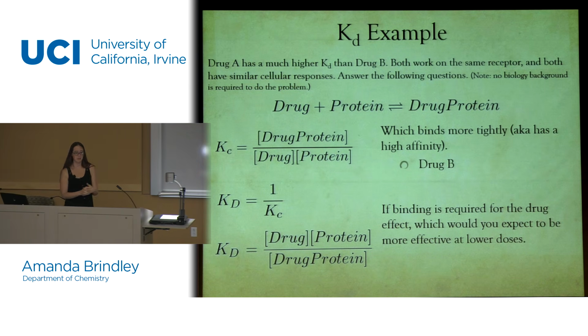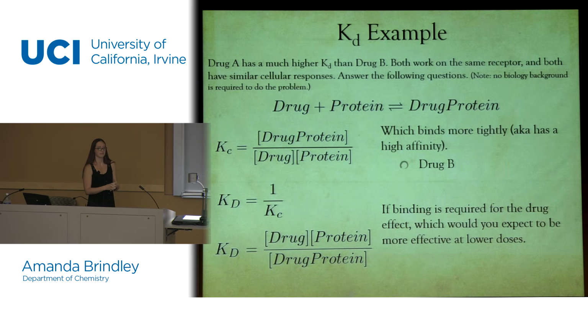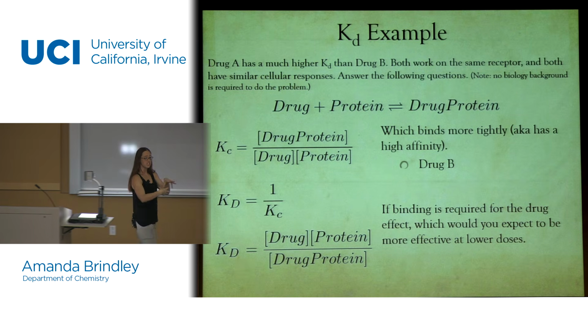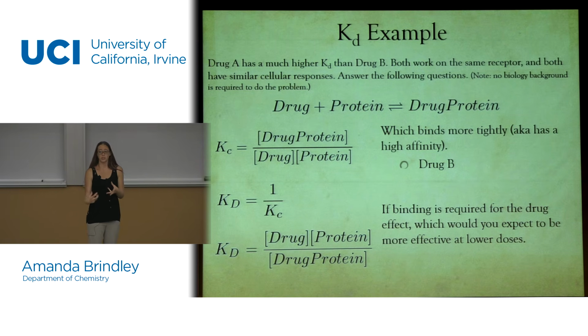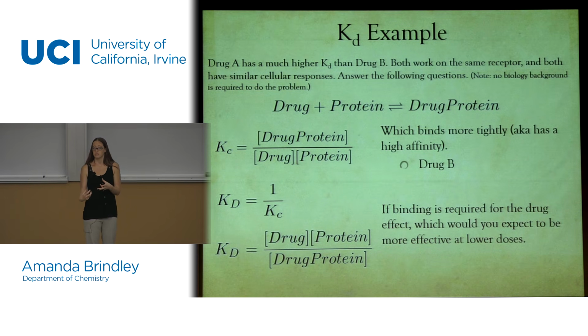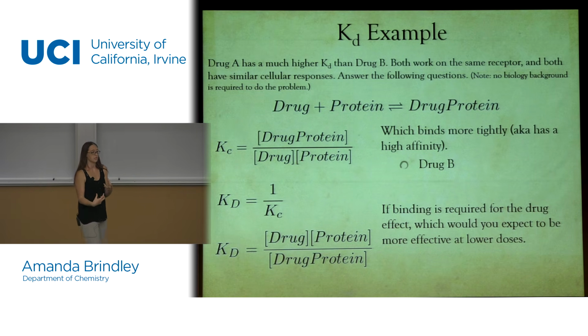In other words, which one binds more tightly? It's not a trick question, it's up there. Drug B, right? We decided this one. We said this one binds more tightly, this one stays attached more, and if you need it to stay attached in order for it to work, which one's going to work best? Drug B, because it's attached more.